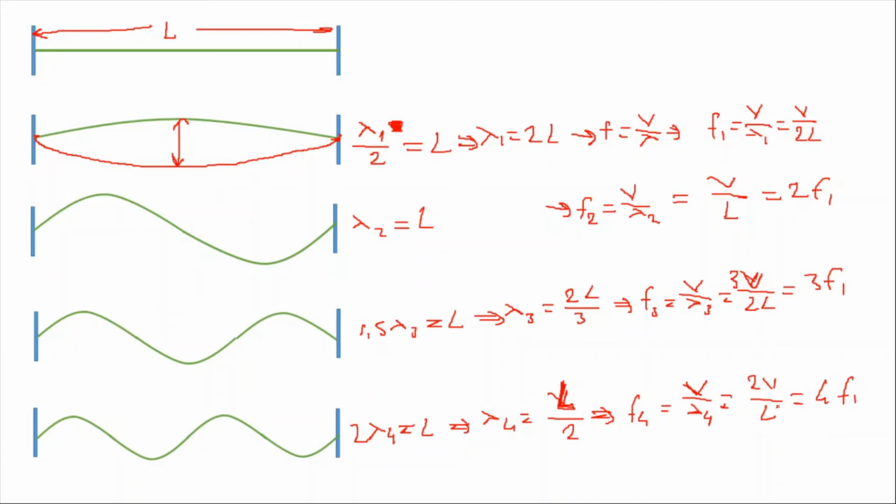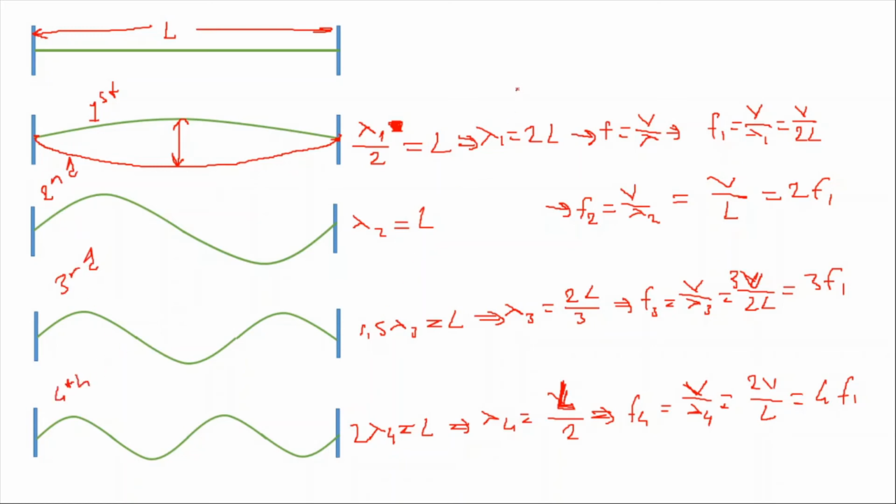As you see, F1 is called the fundamental frequency, and lambda 1 is the fundamental wavelength, and this one is called the first harmonic. This is called the second harmonic, third harmonic, and fourth harmonic.